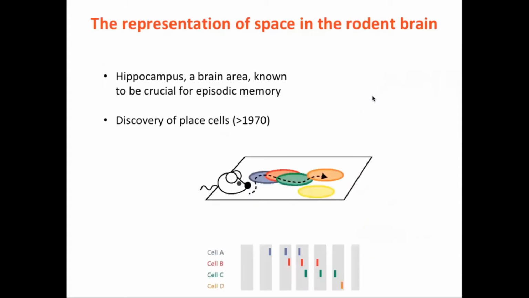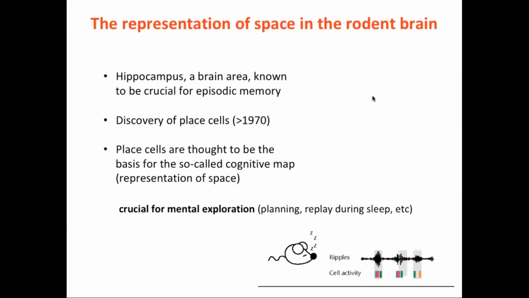As we said yesterday, the hippocampus is a brain area which is known to be crucial for episodic memories, and this is also the area where place cells were discovered by O'Keefe and collaborators in the 70s. I've already discussed this extensively yesterday. These place cells are thought to be the basis for the so-called cognitive map, which is at the basis of the representation of space in mammals.